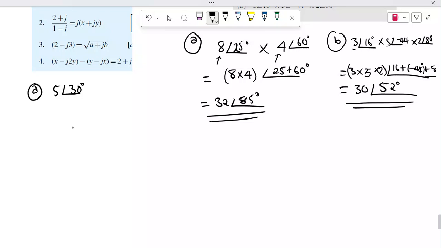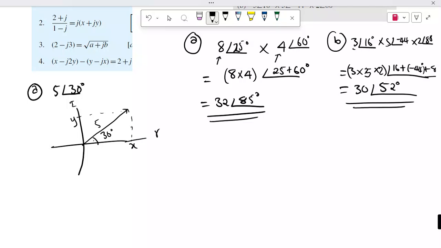If we were to draw this on a Cartesian plane, this angle is 30, and this magnitude is 5. This is the imaginary axis and this is the real axis. We are supposed to find this and this.